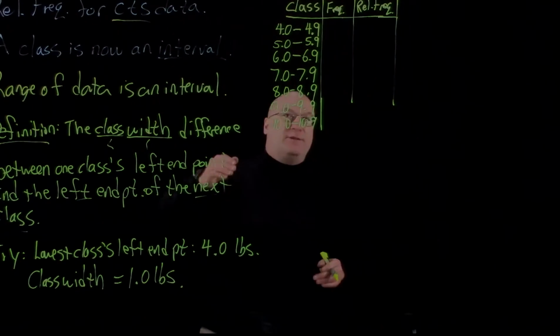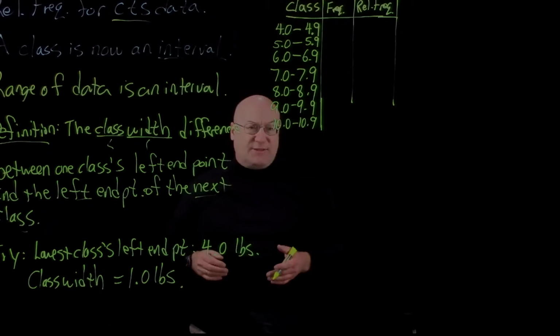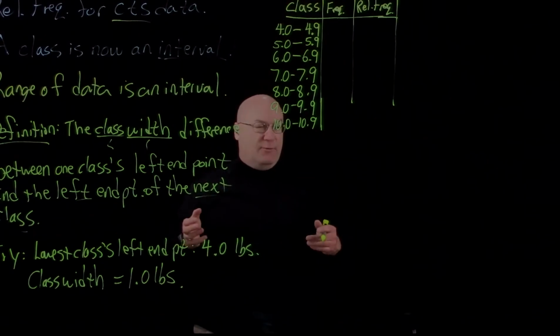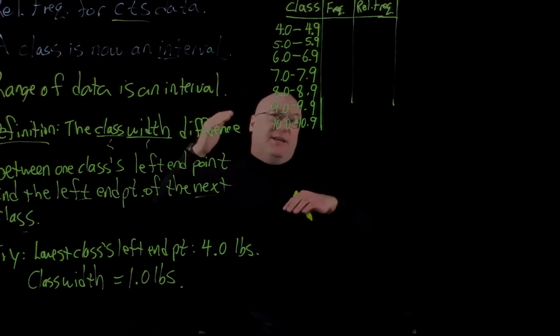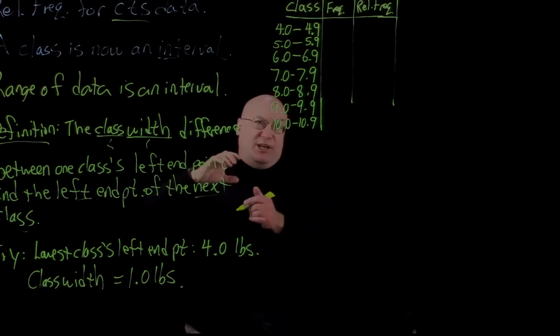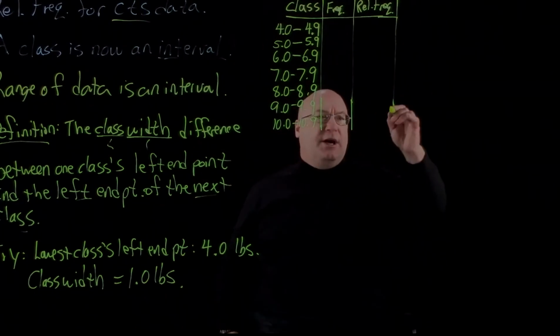This looks pretty good because I have 1, 2, 3, 4, 5, 6, 7 classes. That's not so many that when I draw my histogram, there will be so many bars I can't see what I really have. And it's not so few that I will crunch so much data into just a few intervals that I won't really get a good picture. This is probably a good number of intervals.